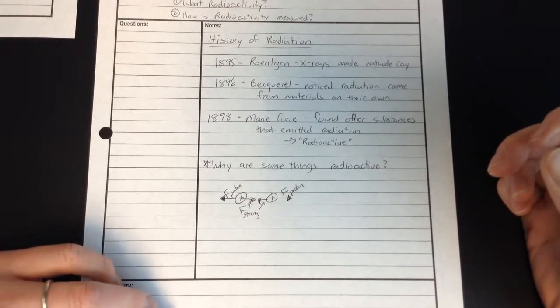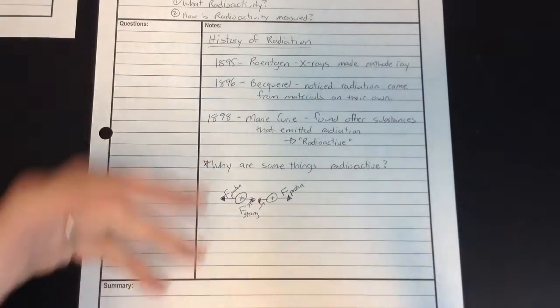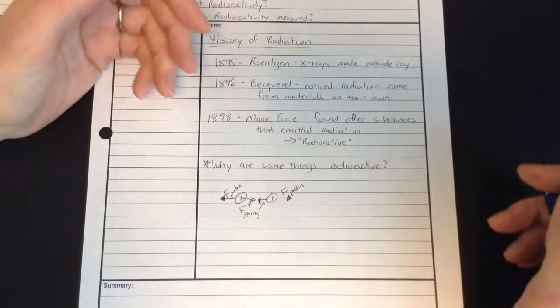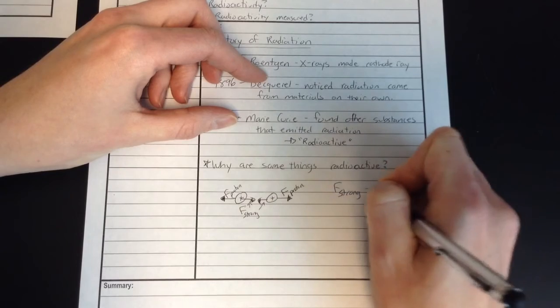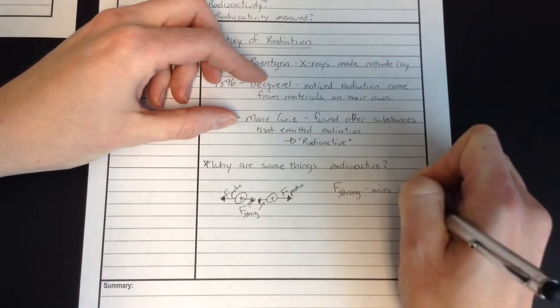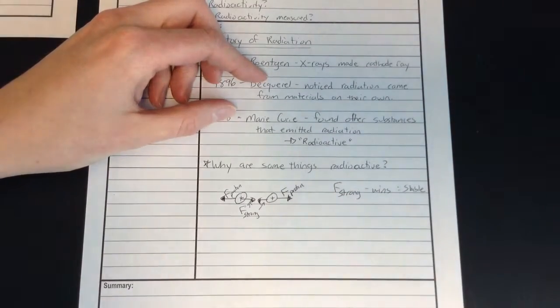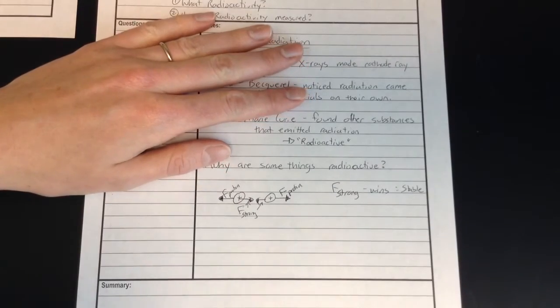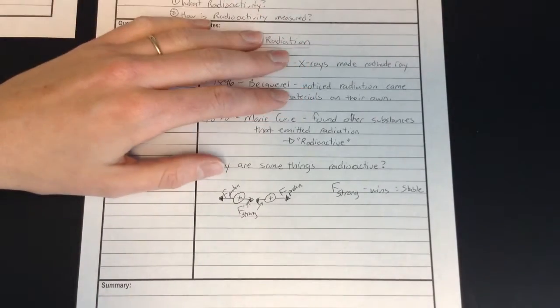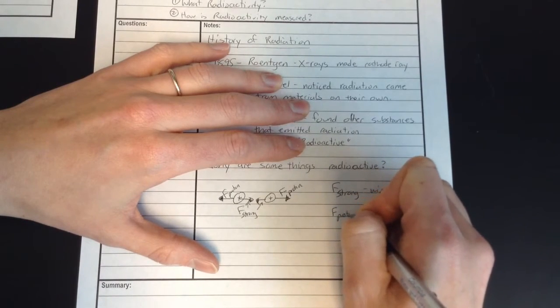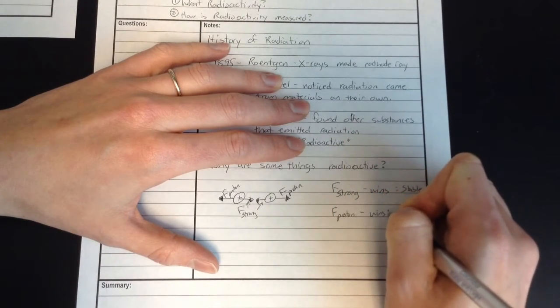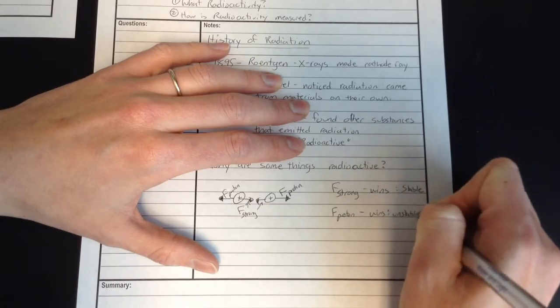When those forces are balanced, the nucleus just stays together. If the strong force wins, then you have a stable atom. If the strong force is bigger, then that atom stays together, the nucleus sticks together like glue. But if that proton force, that electrical force wins, then you have something that is unstable.